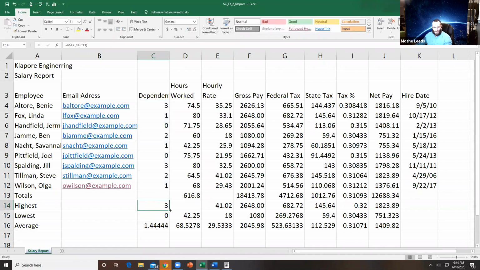Now, if I drag it over, look what it does. It pulls my maximum on gross pay, maximum federal tax, maximum state tax, which, by the way, what do you think it is? It's my total. It's my total number, because that obviously is the most because it's including everything. So that's not my right calculation.